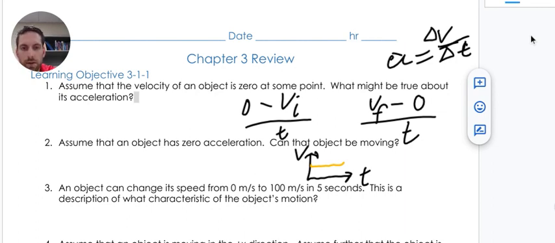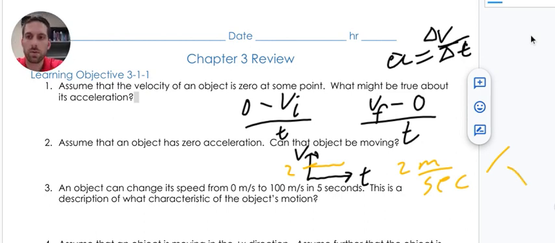We're traveling above the axis, say 2. So we're traveling at 2 meters per second, and we're not accelerating up and down. So we don't have a graph like that. We don't have a graph like that. All right. So this is positive. This is negative.